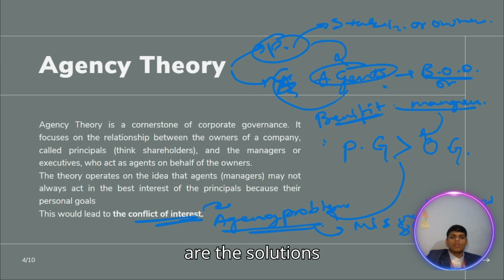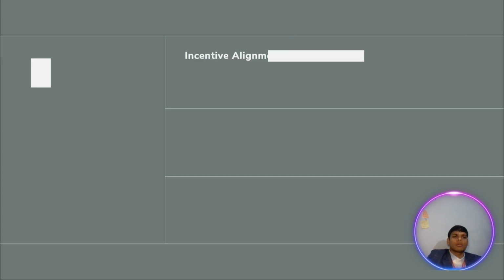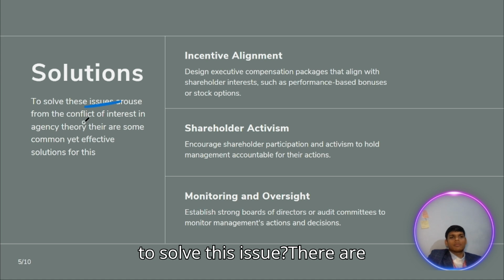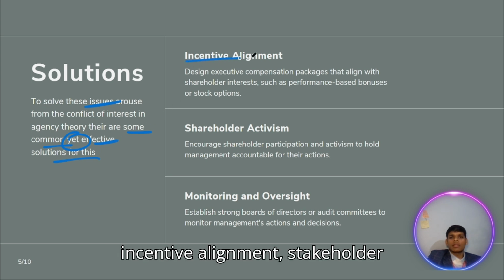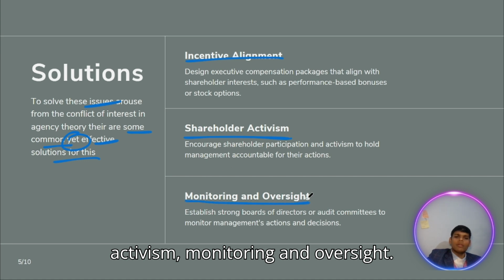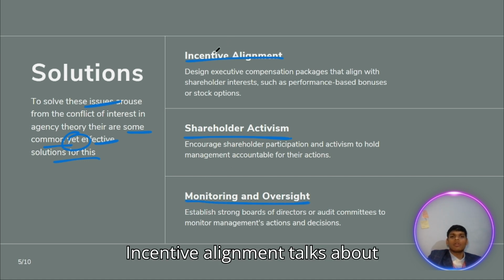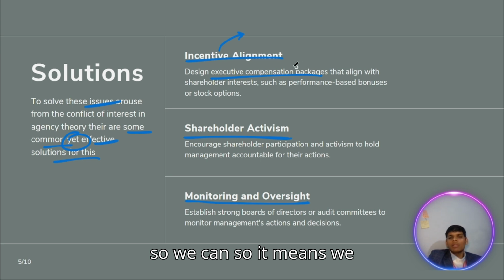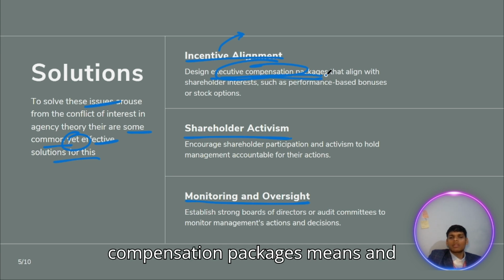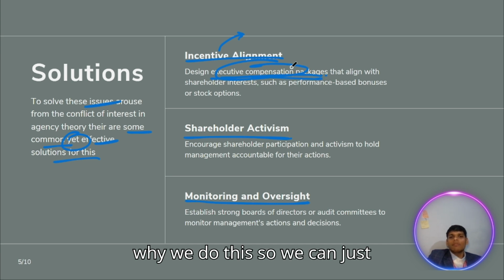So what are the solutions to this issue? There are some common yet effective solutions. These are incentive alignment, shareholder activism, monitoring, and oversight. Incentive alignment talks about executive compensation packages. Why do we do this?